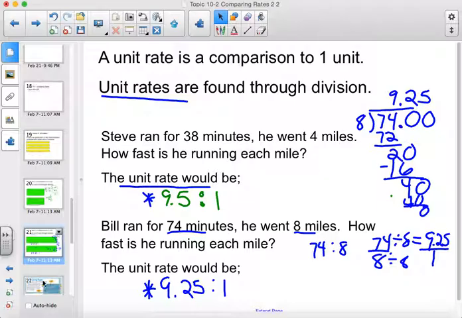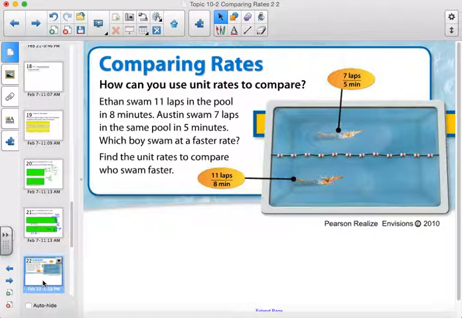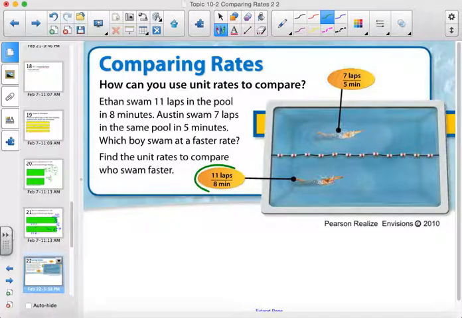So that brings us to today's lesson in the book, comparing rates. How can you use unit rates to compare? And then they give us a situation. Always look at your diagrams first, and you can see that we've got 2 times being run here. Ethan swam 11 laps in the pool in 8 minutes.